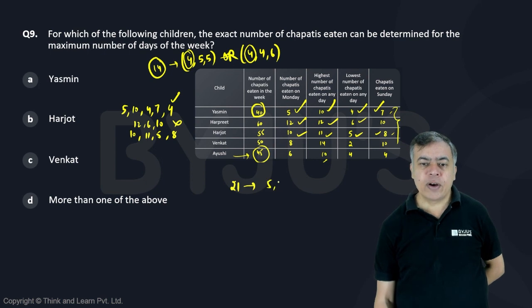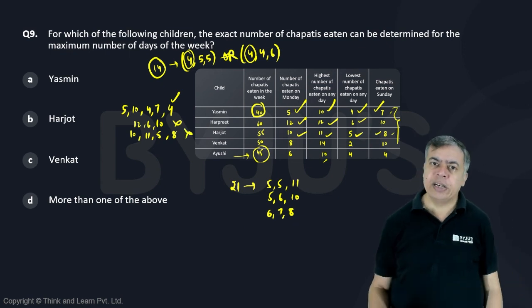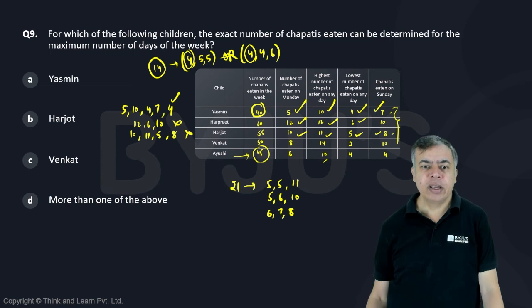So it can be 5, 5, 10 and 11, right? So it can be 5, 6 or something, right? It can be 6, 7, 13 and 8, right? So there are multiple possibilities. So you cannot tell more than 4. 4 days you can tell that 10, 11, 5 and 8.